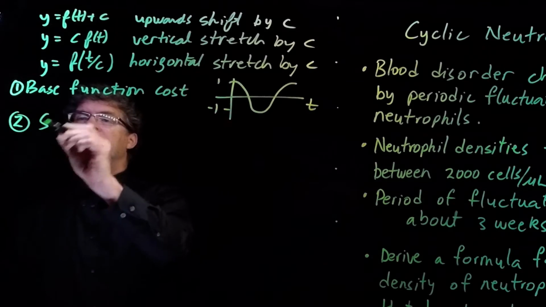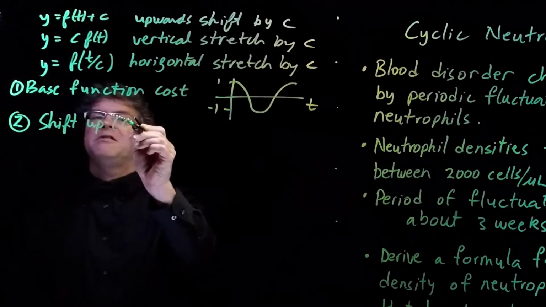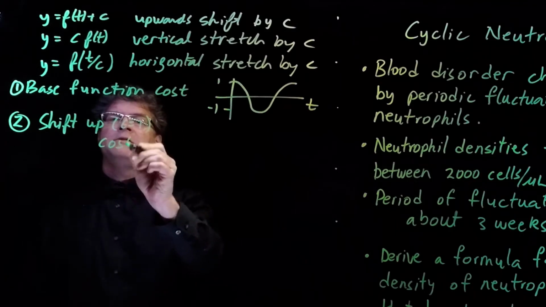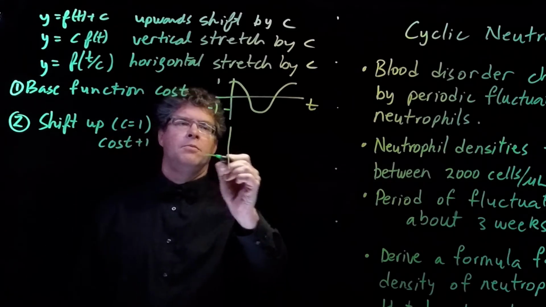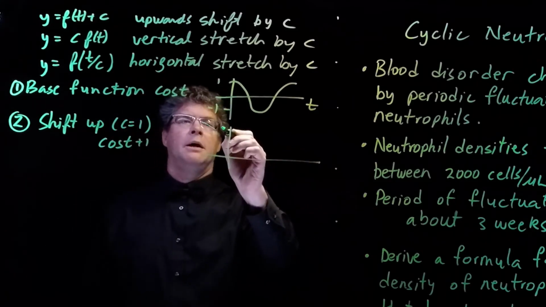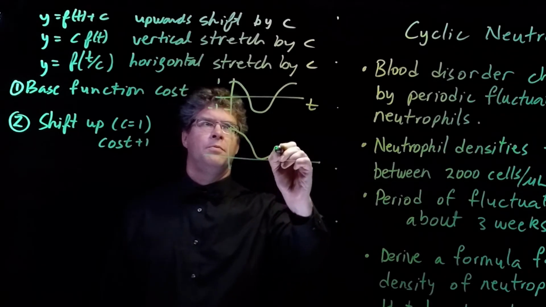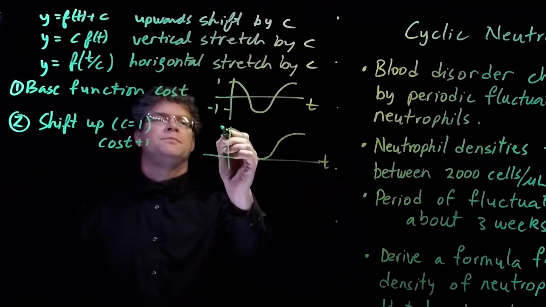So we shift up. And in this case, we choose c is equal to 1. And our function is cosine of t plus 1. And now this has a maximum of 2. And it looks like this here.